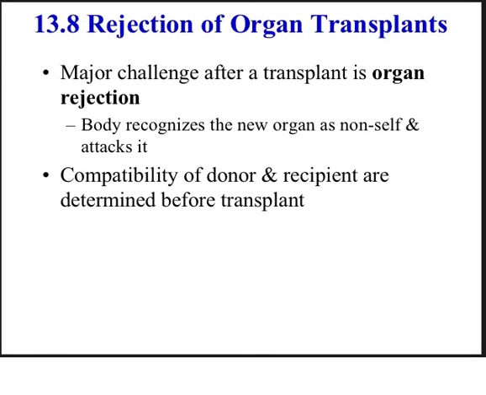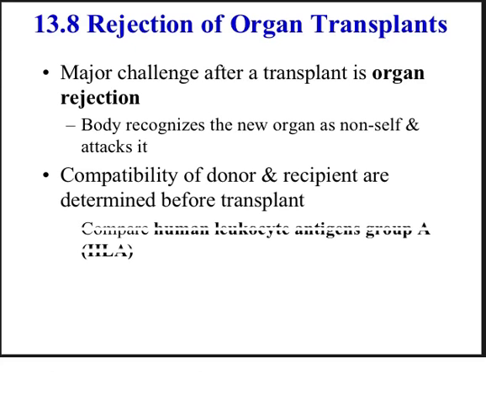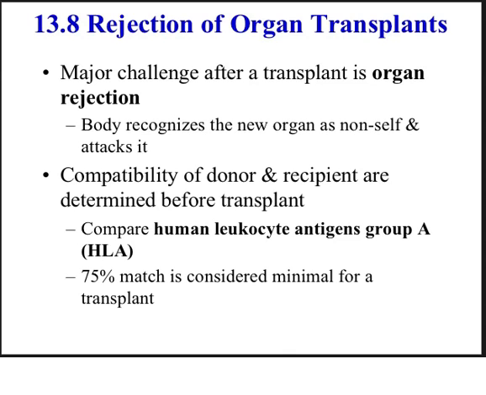So what we generally do before we do a transplant is we check the compatibility of the donor and the recipient using human leukocyte antigens, and what we look for is a 75% match between the donor and the recipient tissue. That's generally a baseline for the transplant taking, not being rejected by the immune system.